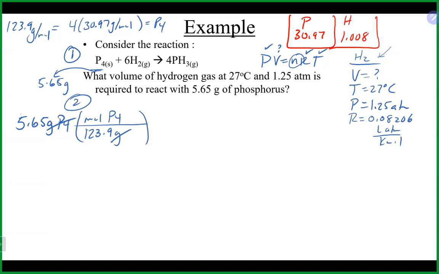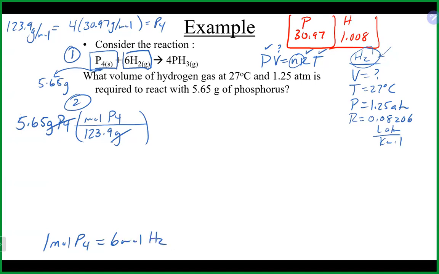We're now into moles of P4, but as we can see over here, we do need H2 to get to. So that's where the stoichiometry is going to come into play. We're going to look at our equation between, in this case, our 2 reactants. Remember, stoichiometry doesn't always mean you have to go across the arrow. You can stay on the same side of the arrow here, and that will get you 1 mole of P4 equals 6 moles of H2.